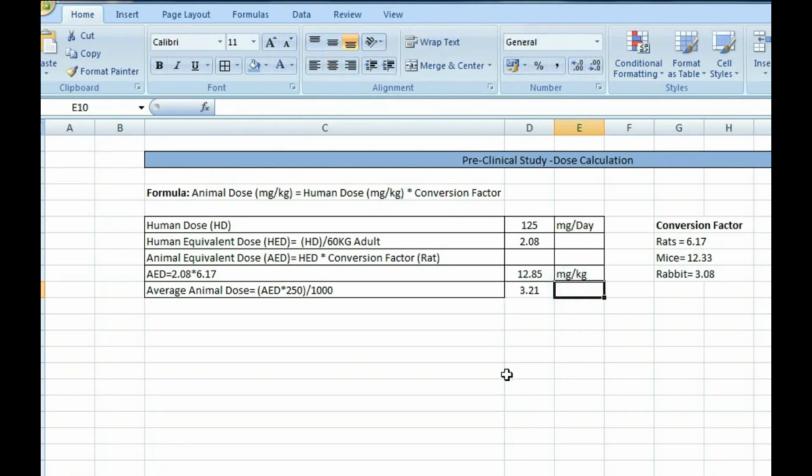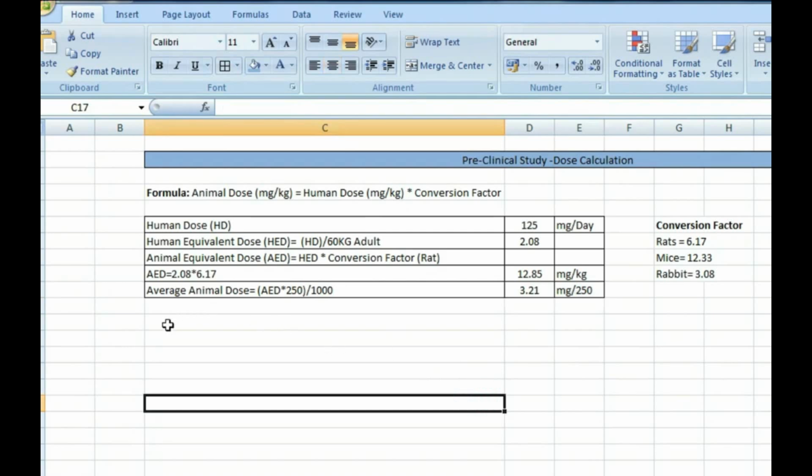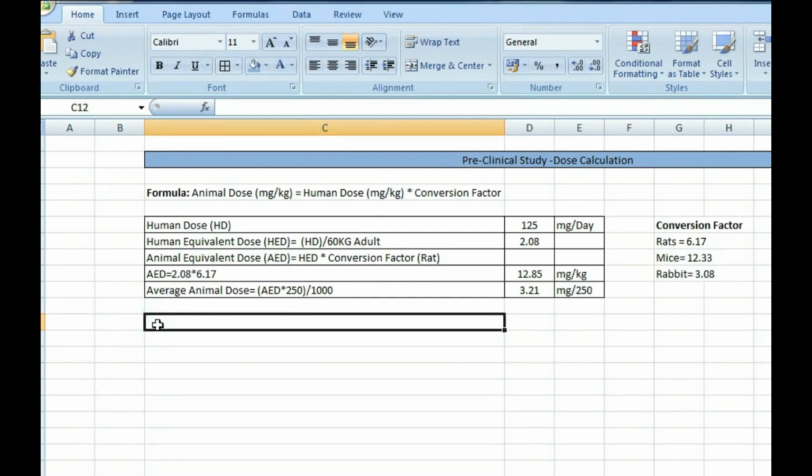So here we have calculated the per animal dose is 3.21 mg per 250 gram animal. We are going to give 3.21 as the dose to each animal.